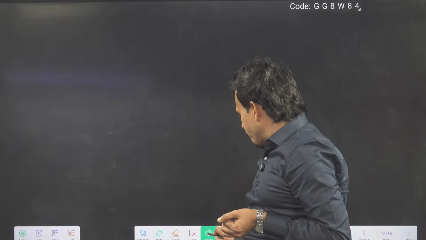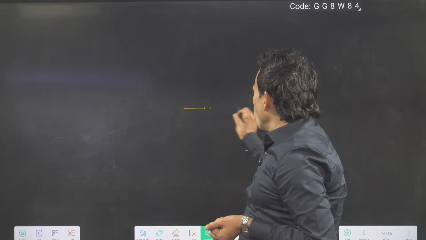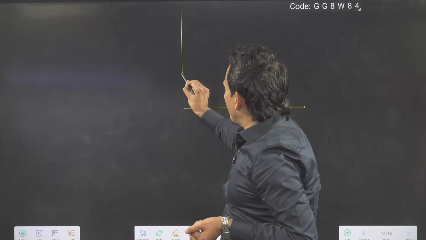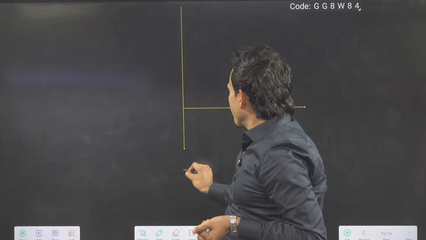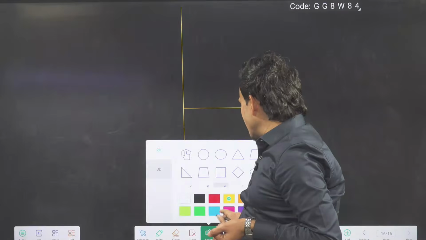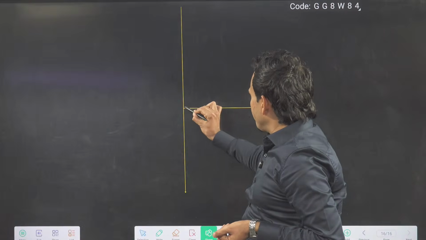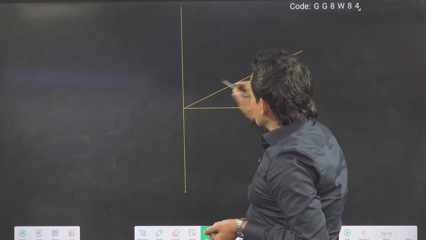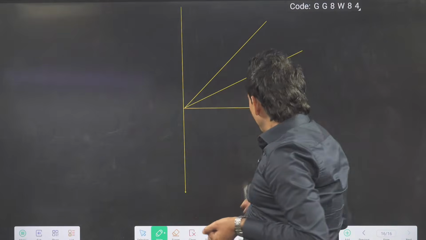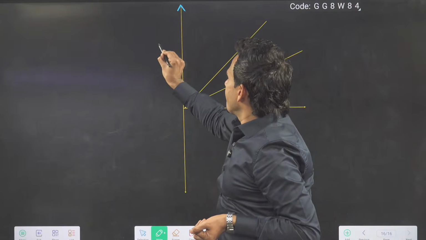Position time graph for two particles A and B is given.